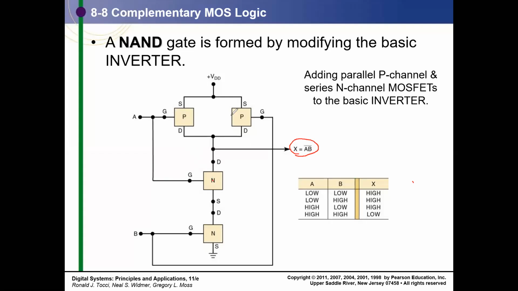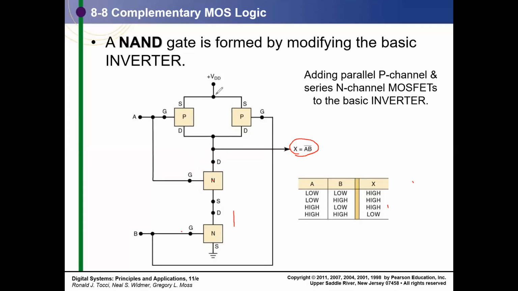If any of the P inputs is 0, that is enough to conduct, so if any one of them is low, you still get an output high. This is what is shown in these two conditions. And when both the inputs are high, the output goes down to 0, and since both A and B are high, the P switches are open, so it cannot get connected to VDD.